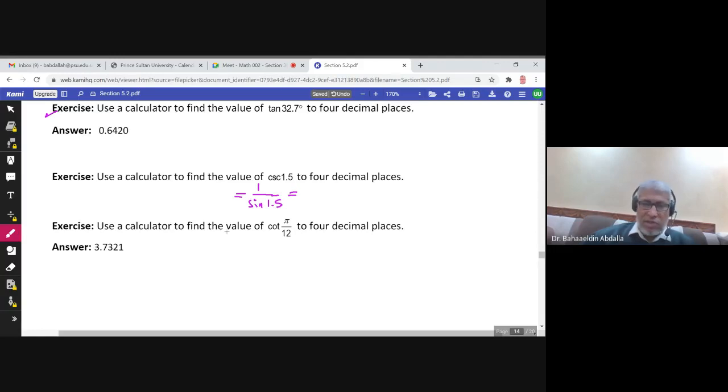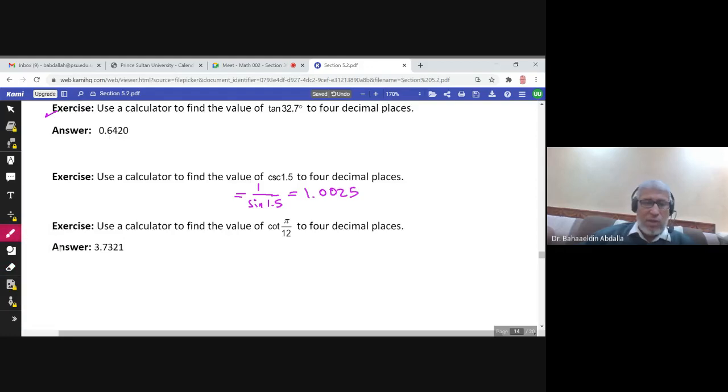So in radian mode, 1 over, you write sine 1.5, close the bracket. The answer to 4 decimal places would be 1.0025. After 5, I have 1, so I can just erase it without any change.